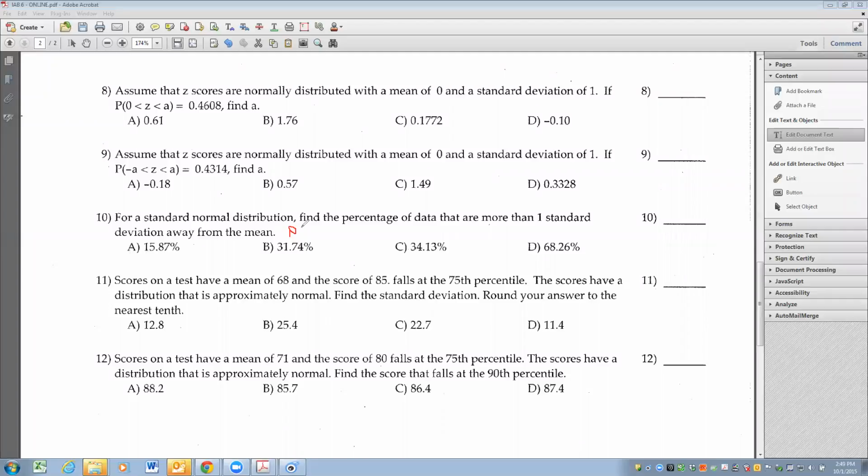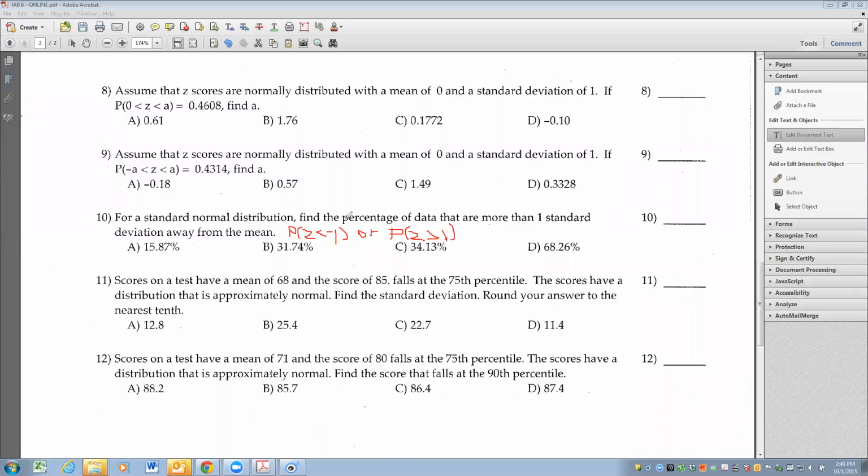Another way of saying that is I want to know the probability that z is less than -1 or the probability that z is greater than 1.